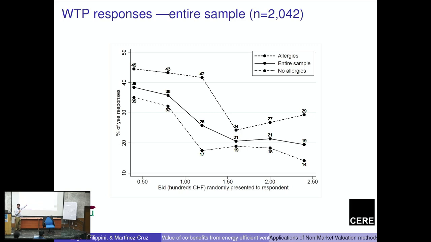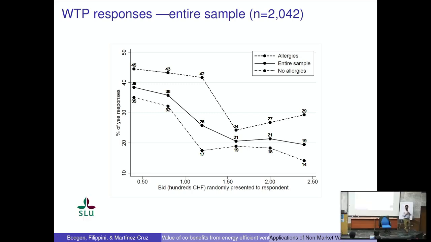And even more importantly, I should have gone down probably to 0.1 in this case, which is what was going to be like 100 Swiss francs. Why? Because I am not obtaining yeses for the lowest values.